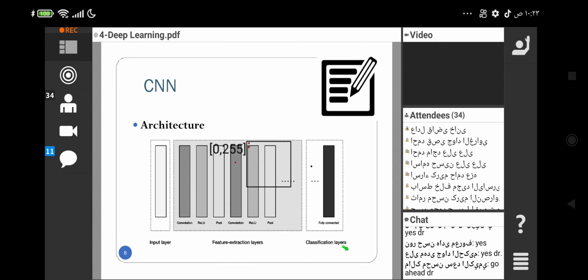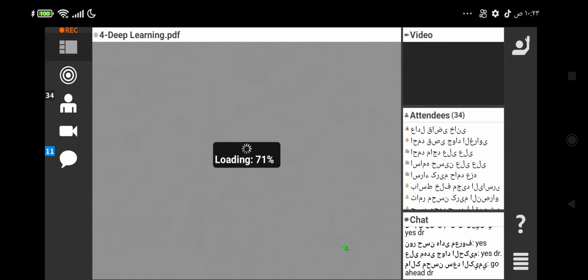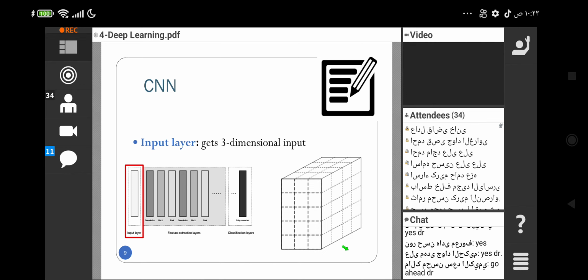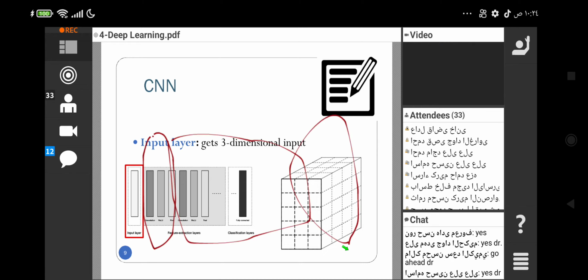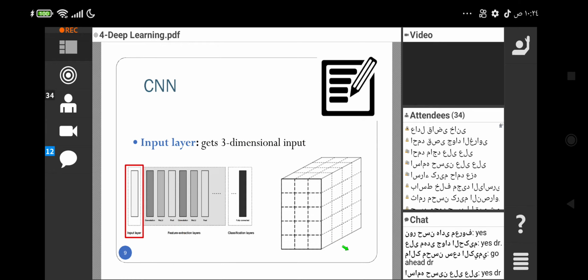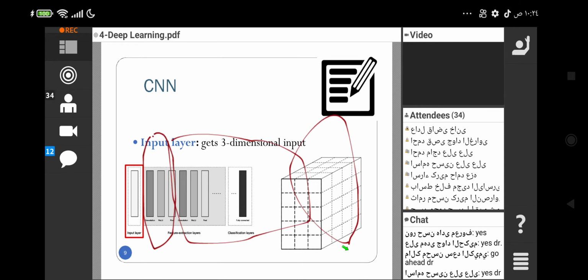Okay, so this is the input layer. It gets our input. Usually, if our data are images, the input is color images. Most of our images are color images.